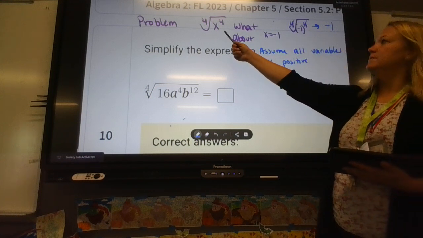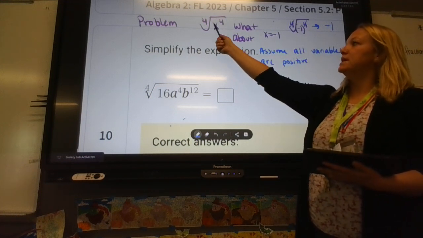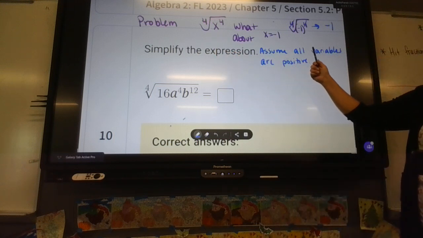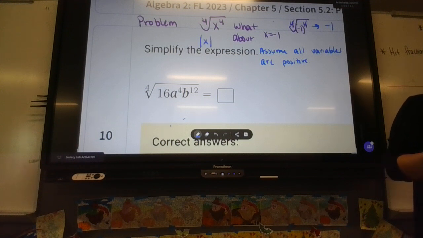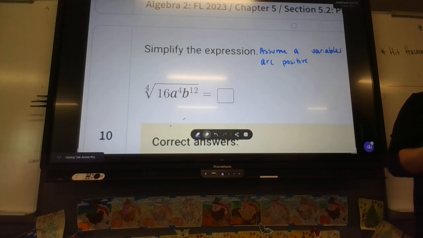So when you see this, if the directions don't say assume all variables are positive, the textbook is requiring you to type in absolute value of x. It's a technicality, and I really don't think you need to be worrying about it at this point. So I'll show you what I would expect for you.